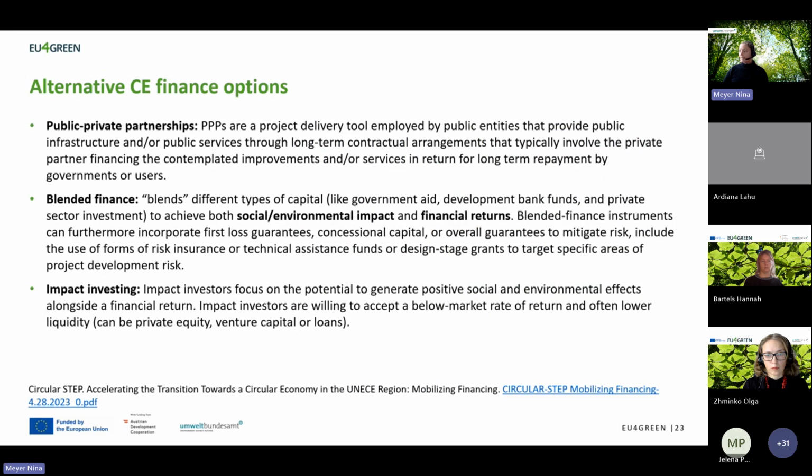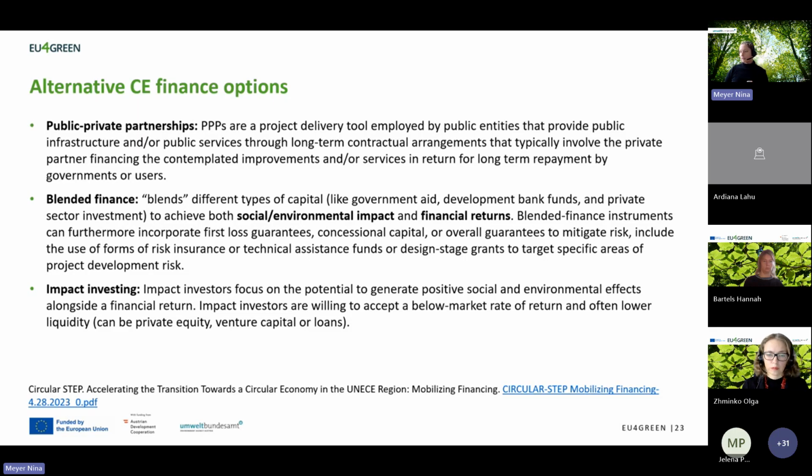On the next slide, I am going to talk a little bit about the alternative circular economy finance options that I mentioned earlier, which are usually used more for high risk and or low profit projects.